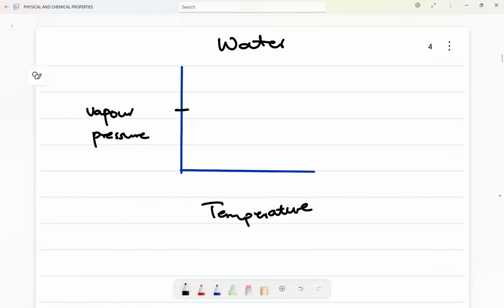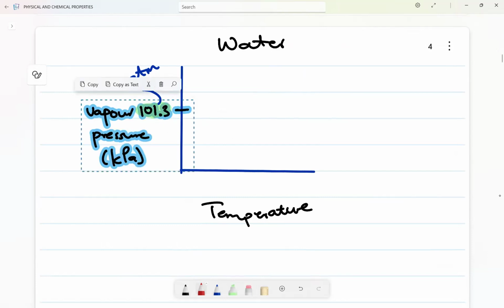Here and there they say this is 101.3, measured in kPa. We all agree that 101.3 is the atmospheric pressure.